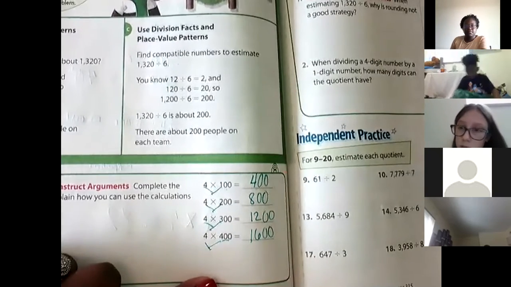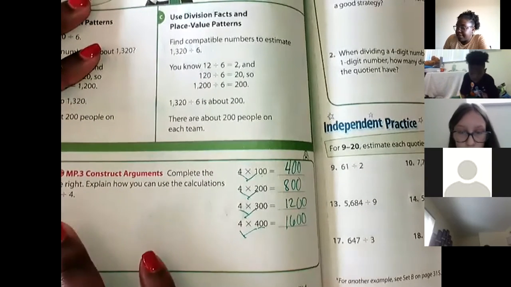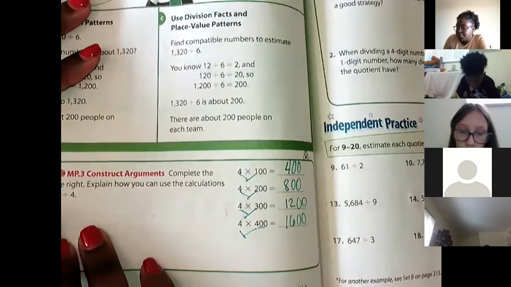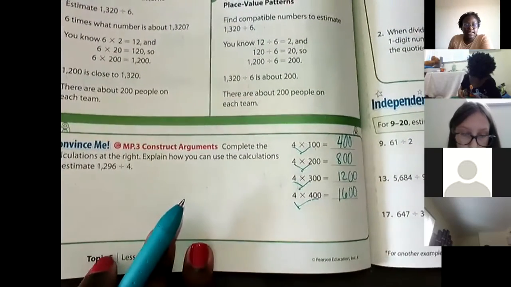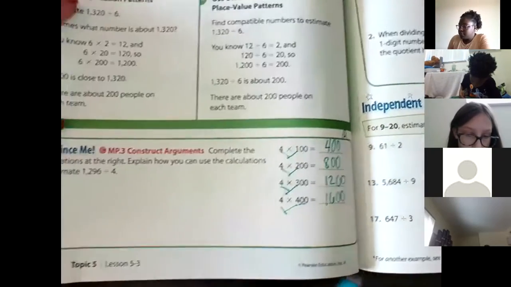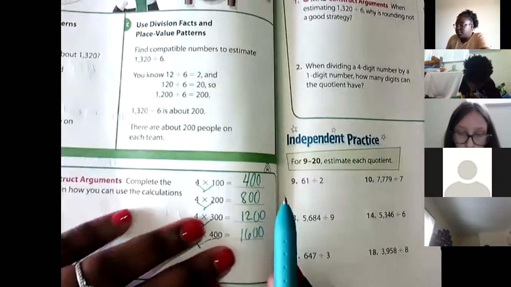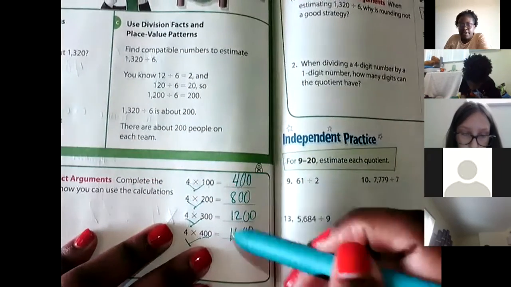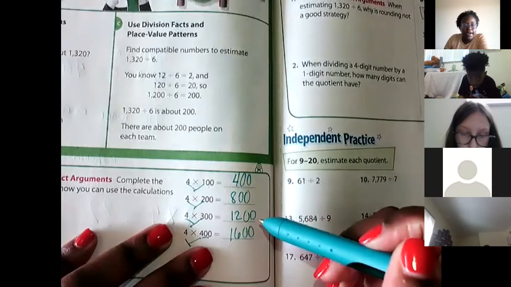Okay. So explain how you can use the calculations to estimate 1,296 divided by 4. So whenever we look at these, right? 1,296 divided by 4 is closer to what number right here? It's closer to 1,200, right?